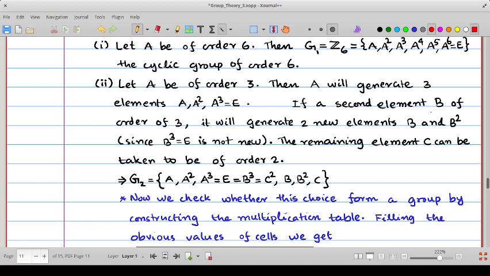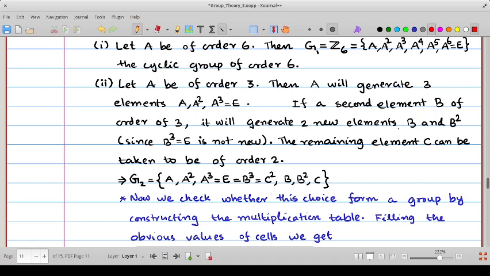If it is of order 3, it will generate 2 new elements, B and B square. Obviously it will form B cube also, but B cube is E, which is already given by A cube. So only 2 new elements are generated by this second order 3 element B.